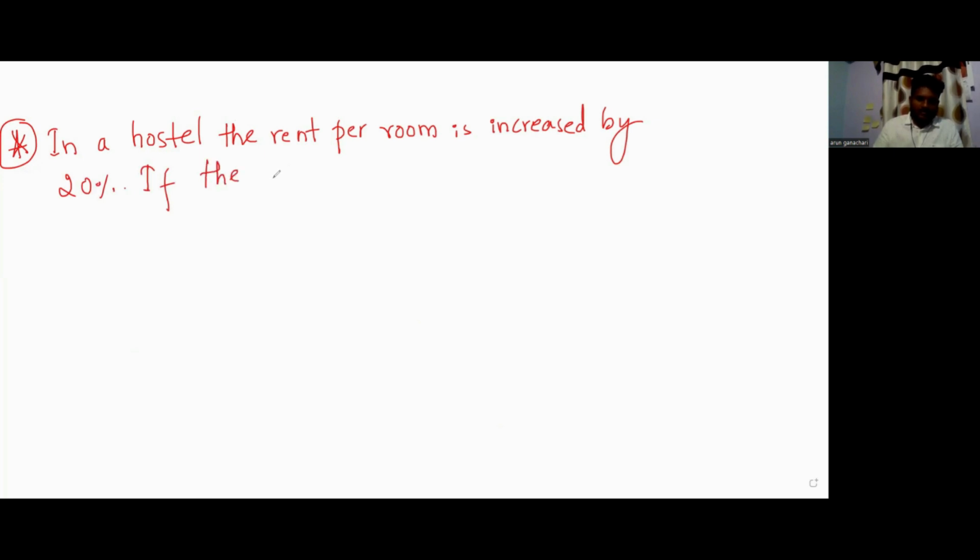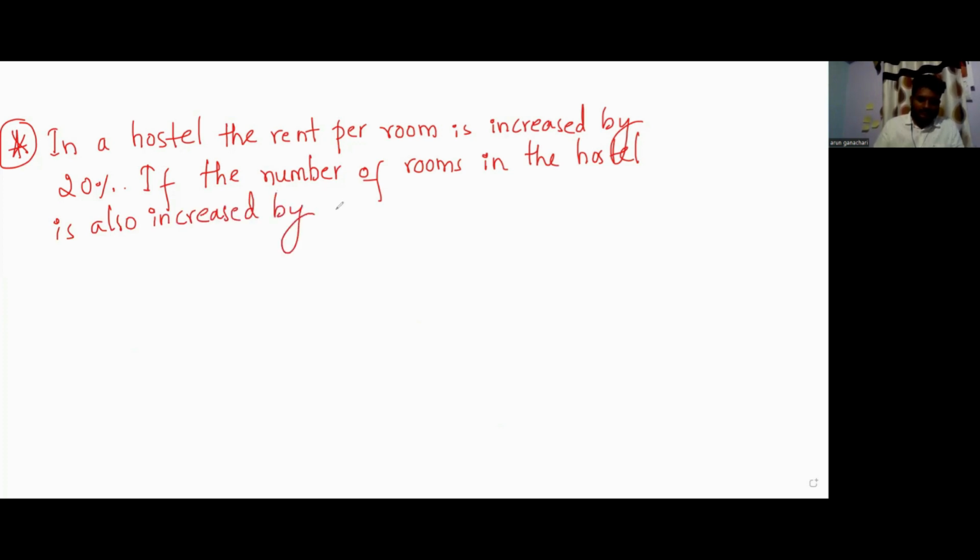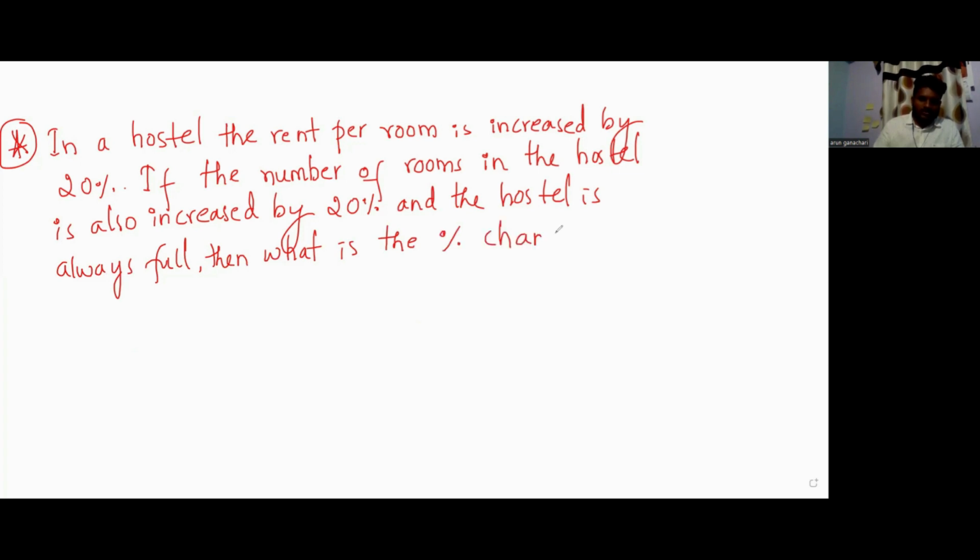If the number of rooms in the hostel is also increased by 20 percentage, and the hostel is always full, then what is the percentage change in total collection at the cash counter?